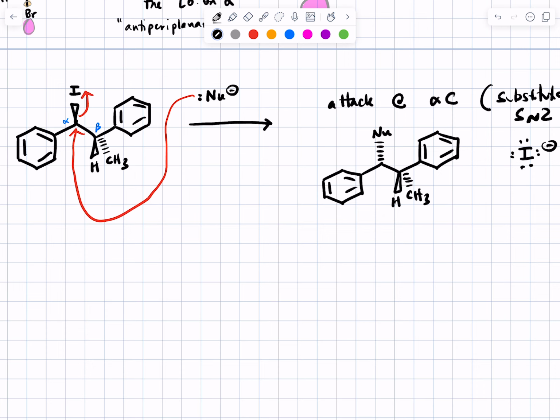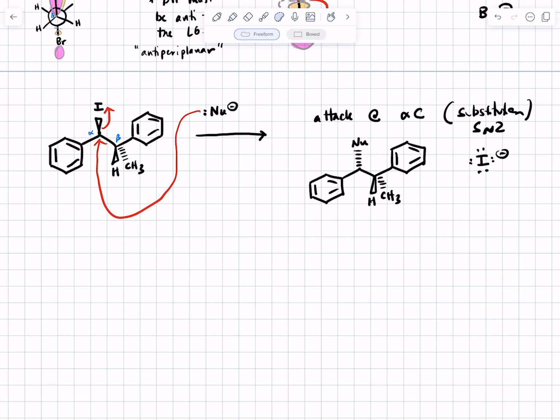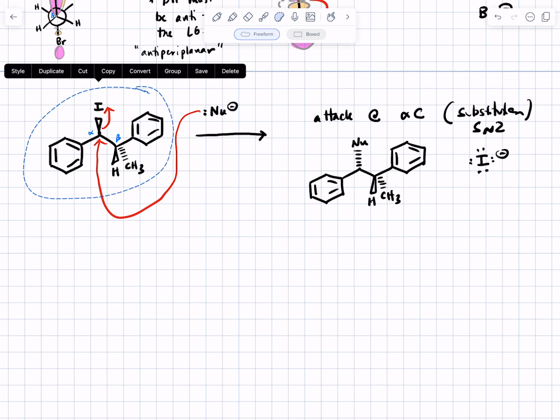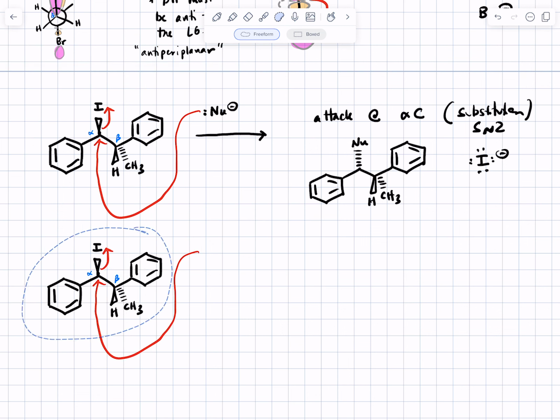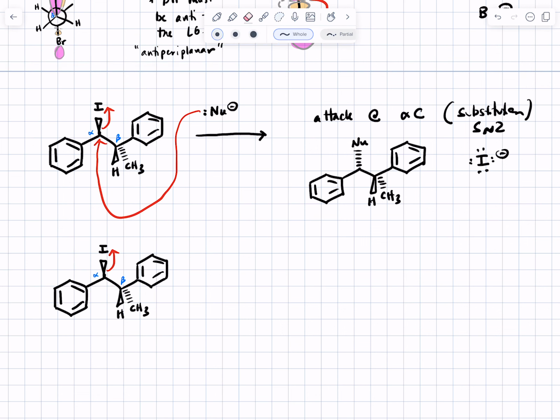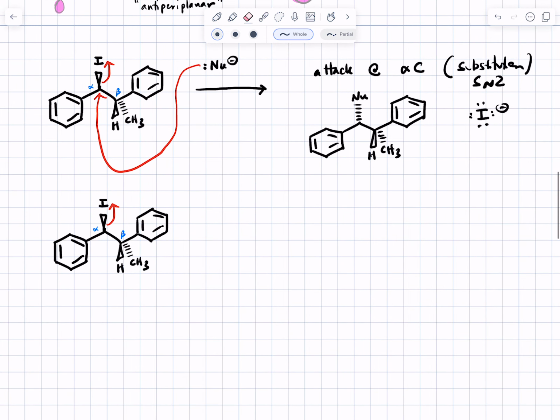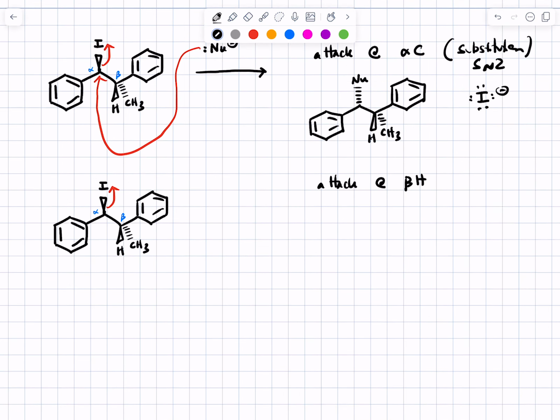Now, let's do the same thing, only for the purposes of drawing our mechanism, I'll put that there. Let's show what the product is if we get attack at the beta hydrogen.